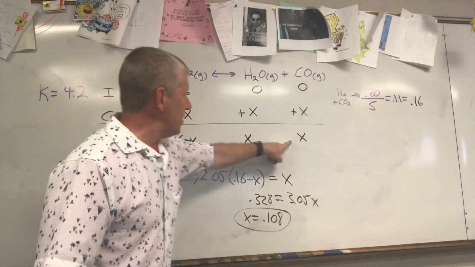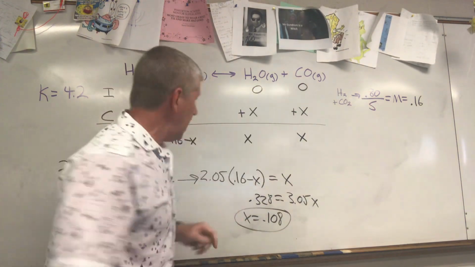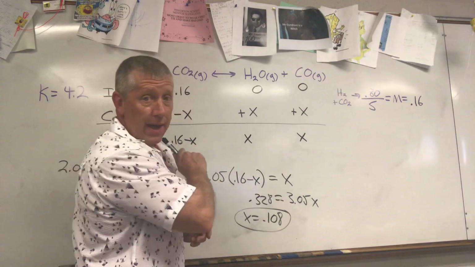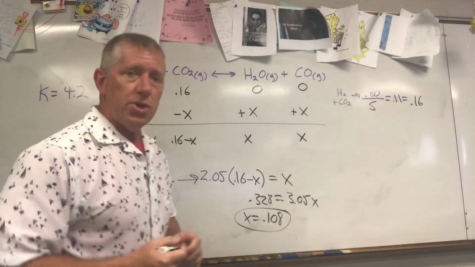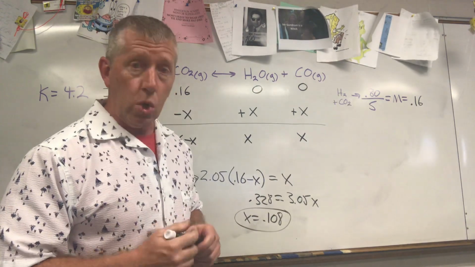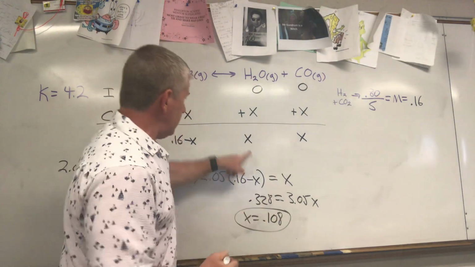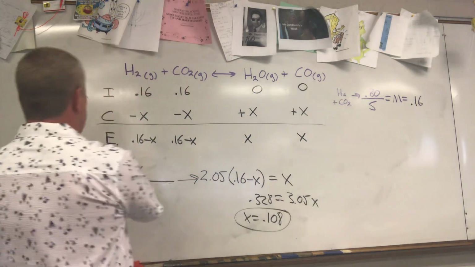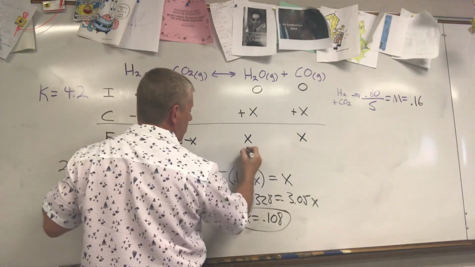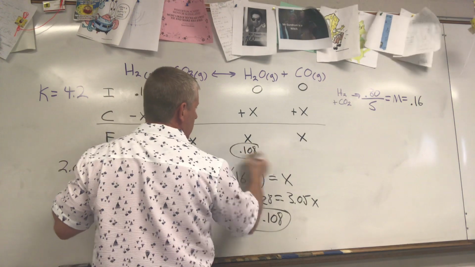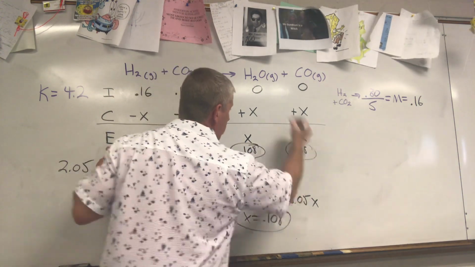We got that answer for these two right now. Water gas, carbon monoxide gas, the concentration is 0.108 molar. At equilibrium, these are equal to x, and that's what x is equal to, 0.108.